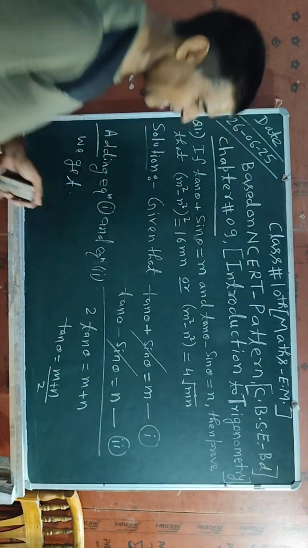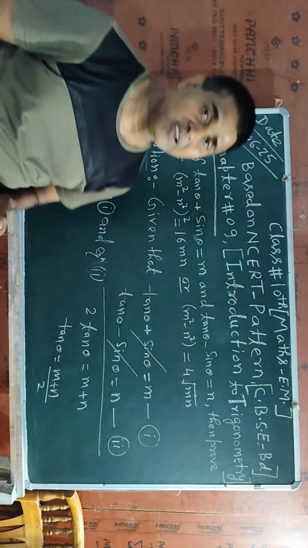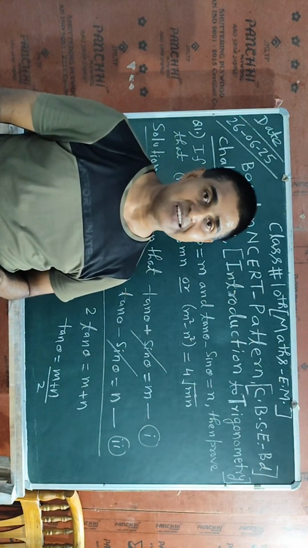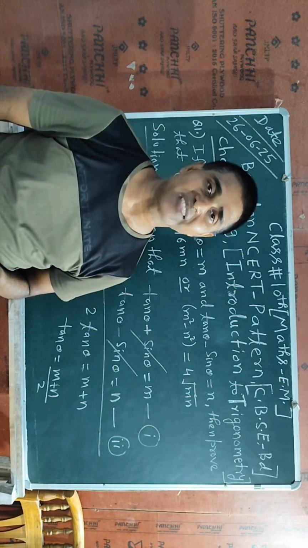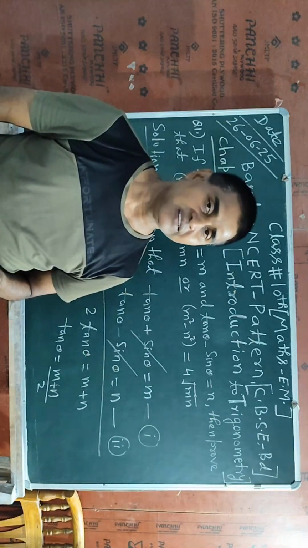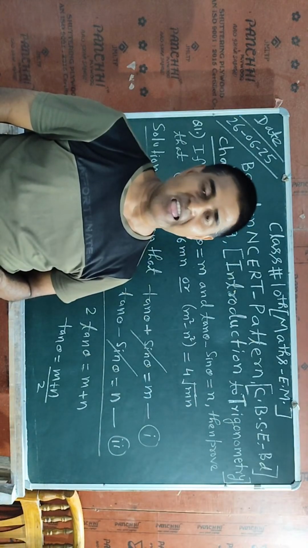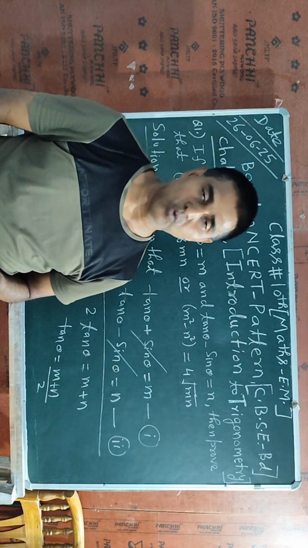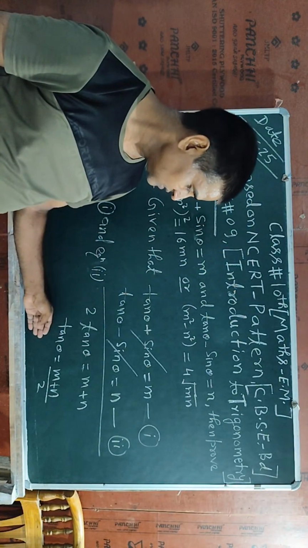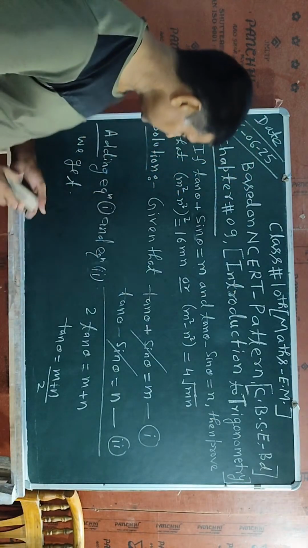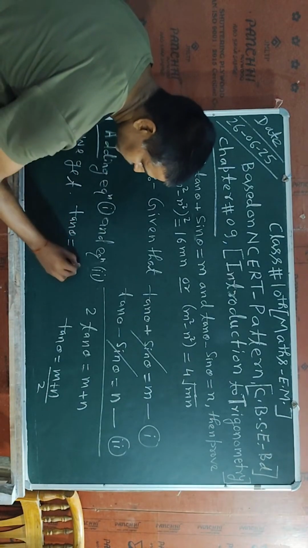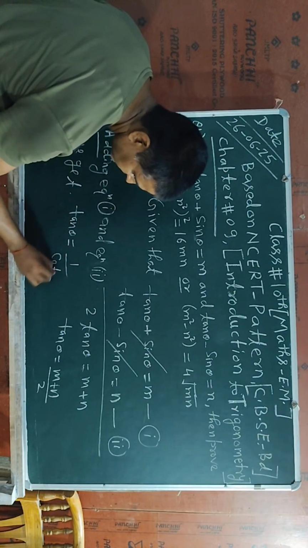Now one more piece of information I am going to explain. Only 3 trigonometrical ratios are primary, that is sin theta, cos theta and tan theta. The other 3 trigonometrical ratios are the reciprocals, because tan theta is equal to 1 by cot theta, cos theta is equal to 1 by sec theta, and sin theta is equal to 1 by cosec theta. So the other reciprocal ratios I can also write. Here one trigonometrical identity I have to remember: tan theta is equal to 1 by cot theta.